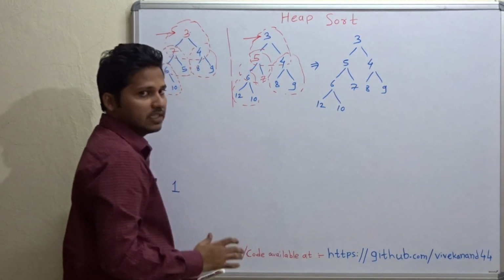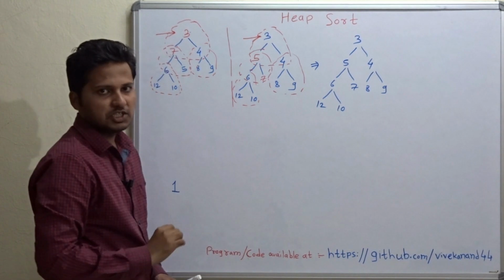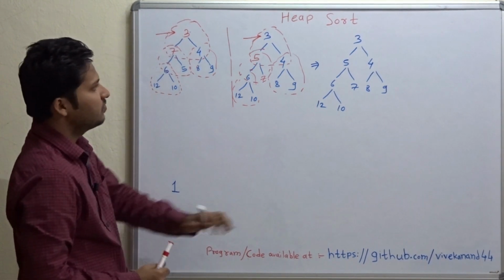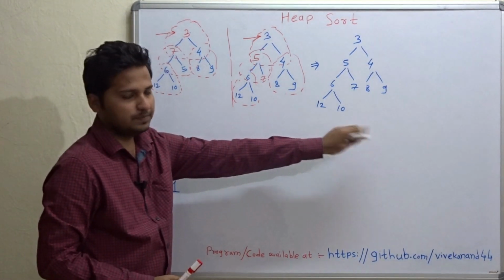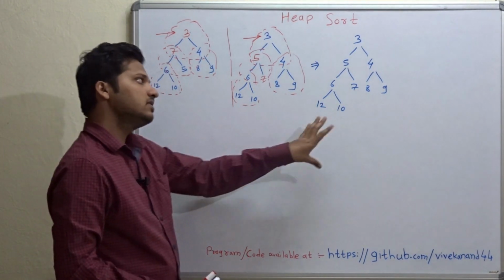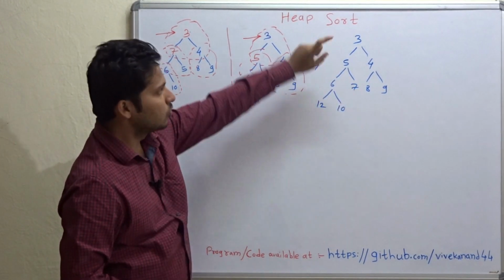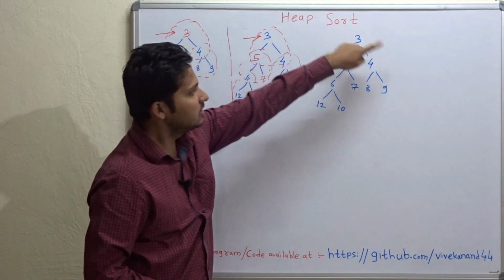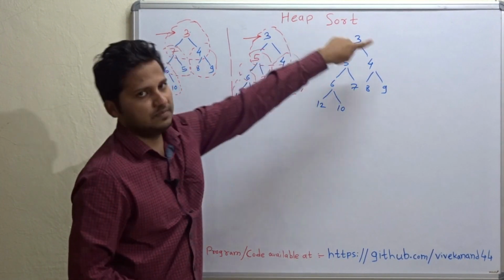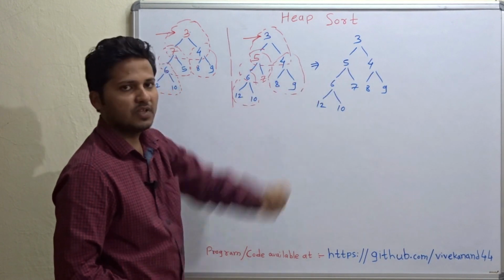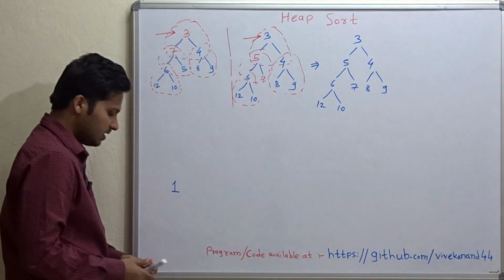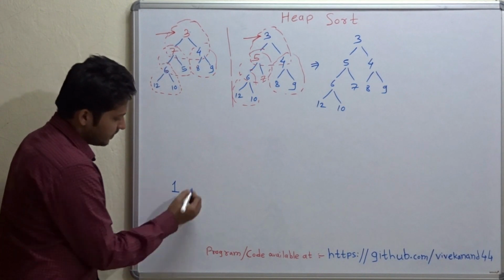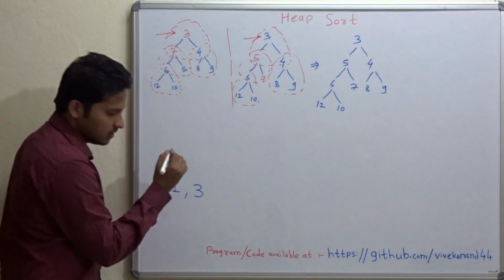So each element satisfies the min heap condition. So this means that we have created another heap. So as this is a heap, the root element is the minimum element in all this heap. So we have got the next element in our sorted array, that is 3.